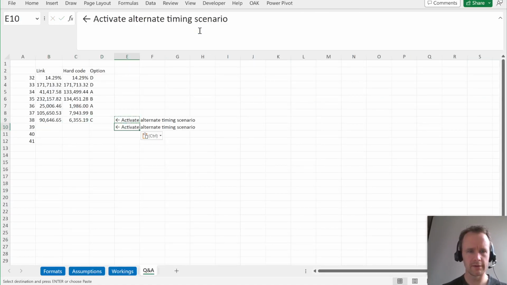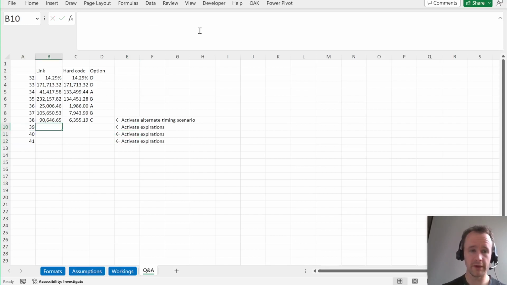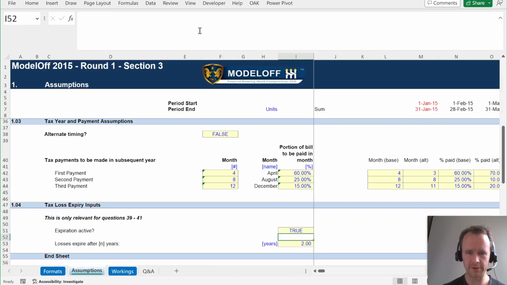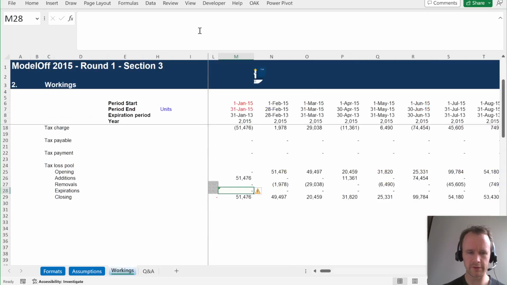And activate expirations. Okay, so finally, we have expirations active, and we are not in the alternate timing, so we're ready to answer the questions.